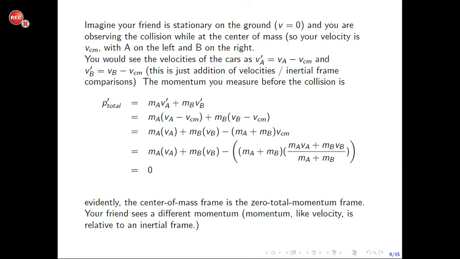So what we mean is, when we talk about the center of mass frame, we're talking about a frame, a coordinate system. We're talking about how we measure distances and velocities. And so this frame is the one that represents zero total momentum. Now, someone somewhere else will see a different momentum, because these velocities are relative, so the mass times velocity is relative.